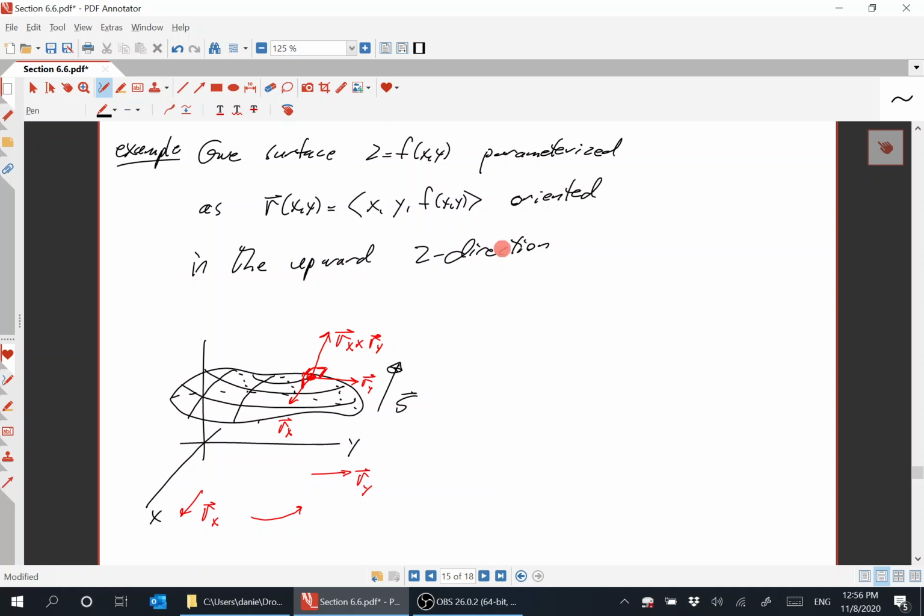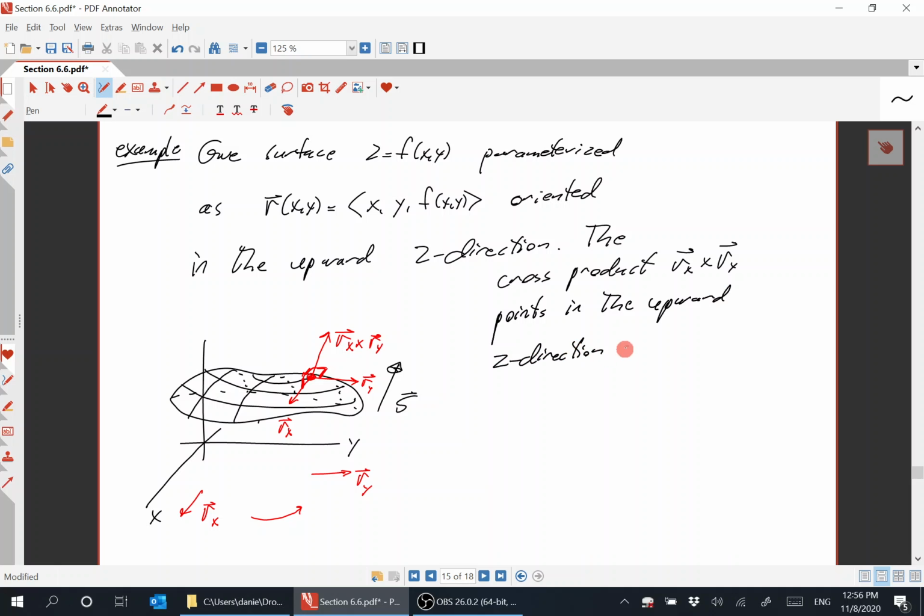So given this, parameterizes that, and oriented in the upward z direction, the cross product rx cross ry points upward. Okay? So that cross product points in the upward z direction as well.